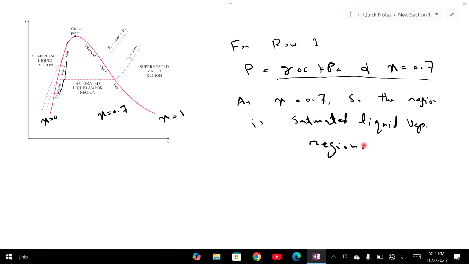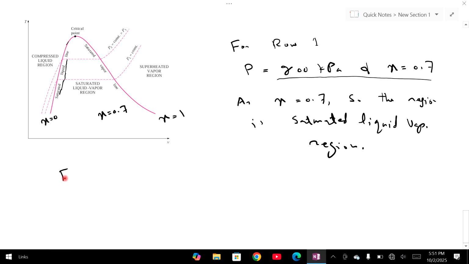Now pressure and dryness fraction are given. At 200 kilopascal, this is in the wet, saturated region, which means the pressure in this region is the saturation pressure and the temperature is the saturation temperature.